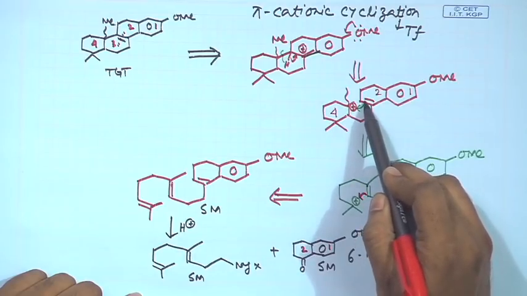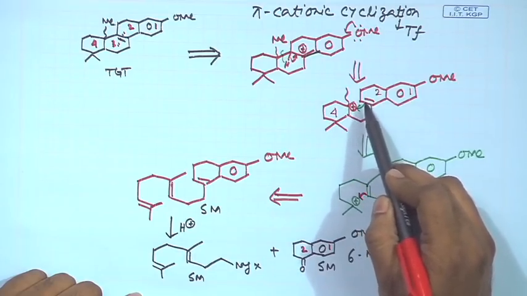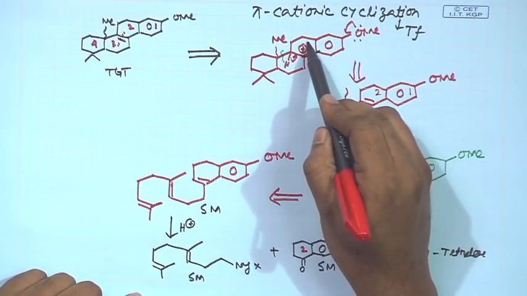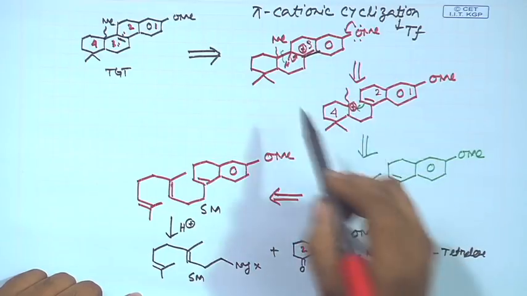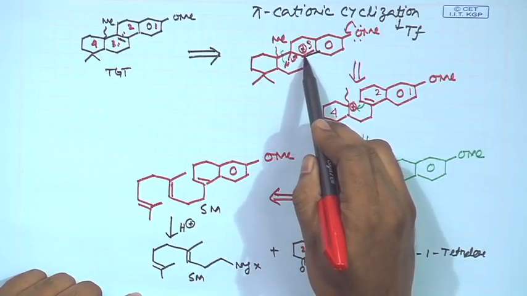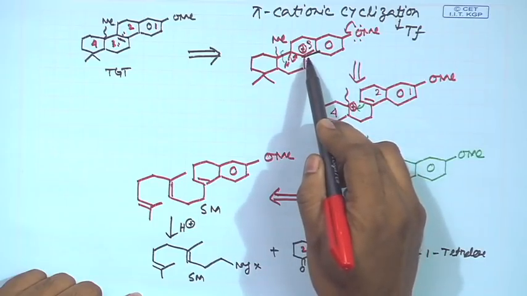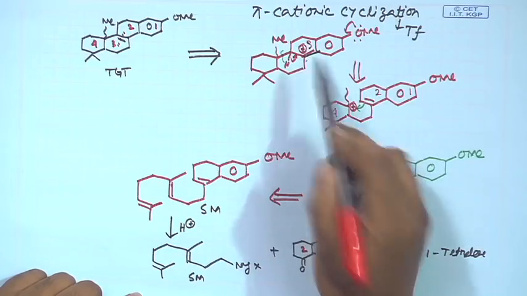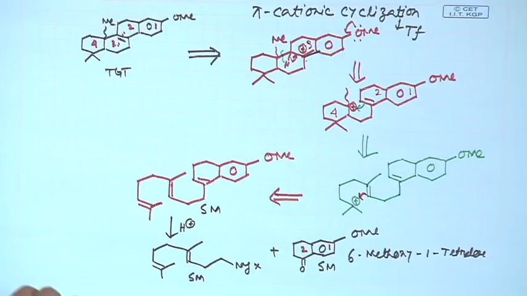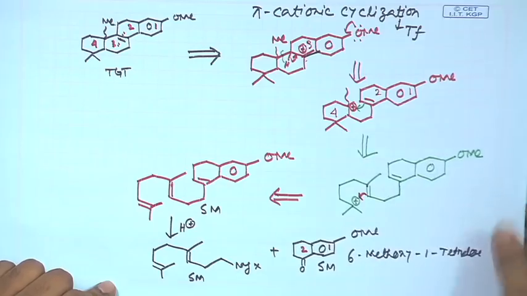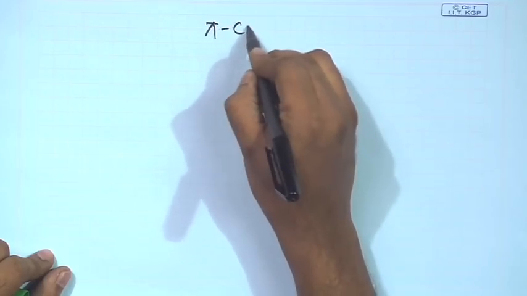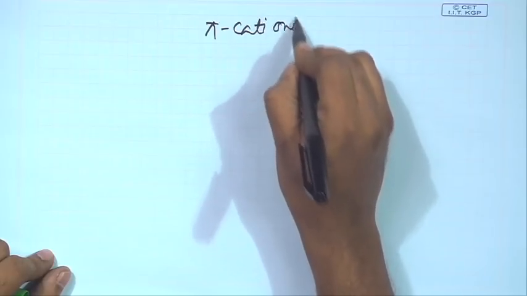Then this carbocation will try to react with this pi to make you ring 3. Finally, you will find that this gives you a para-methoxybenzyl carbocation, which is also very much stabilized. If you check this entire pathway, you will find that this is a very useful transformation, and as I said, this reaction is named pi-cationic cyclization.